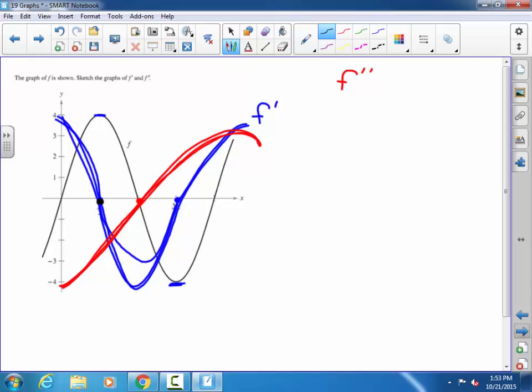Now, what happens right here? My velocity is still negative, but I'm slowing down in my backing up. I'm standing right here at pi over 2. So I'm backing up, and now when I get to pi, I'm still backing up, but I'm slowing down in my backing up. And now when I get to 3 pi over 2, I stop, and I'm headed back forward.